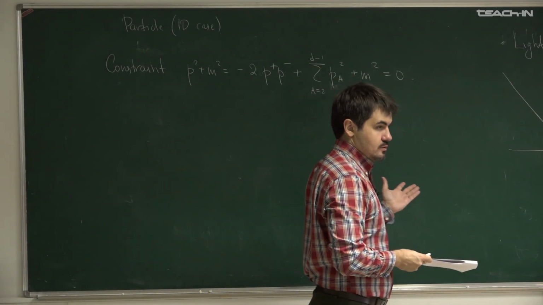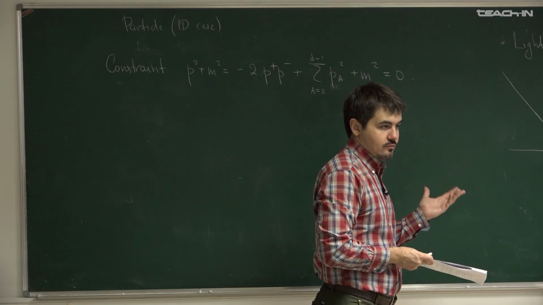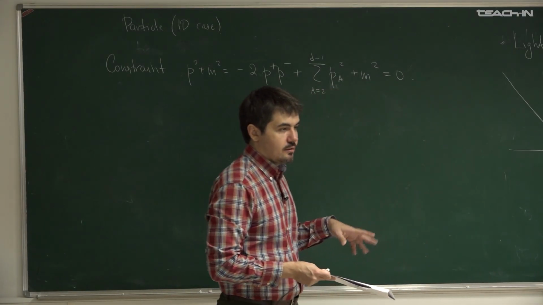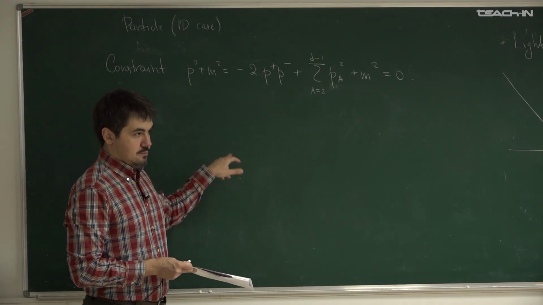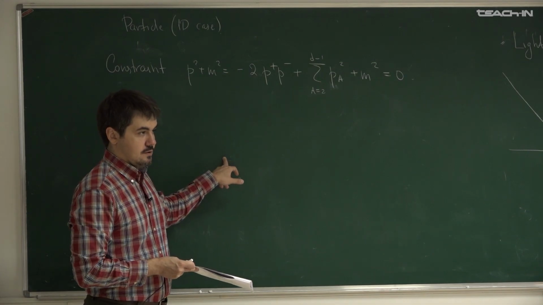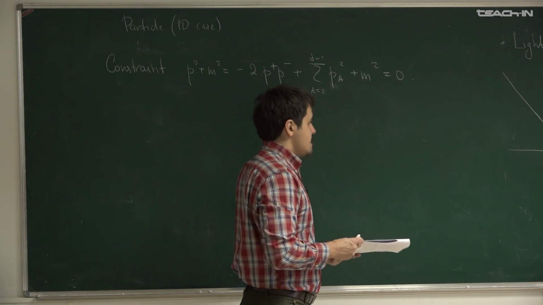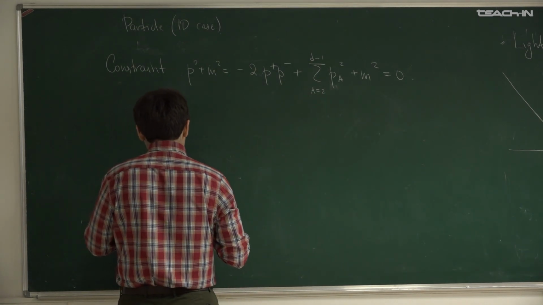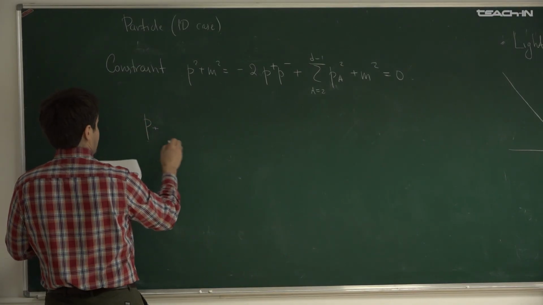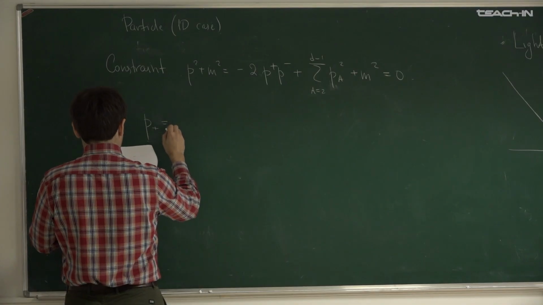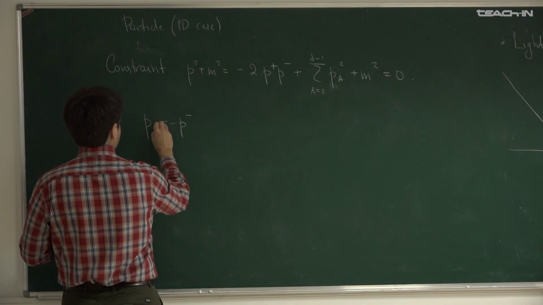And so we want to solve it for the variable conjugate to the coordinate variable that we've eliminated by the choice of gauge. So we eliminate all canonical variables in pairs, right? We set, for example, x plus equals tau, and we have to eliminate p plus from the constraint. Same as in static gauge, we set x0 to tau, and we eliminated p0. So p plus is the conjugate variable, that's minus p minus.